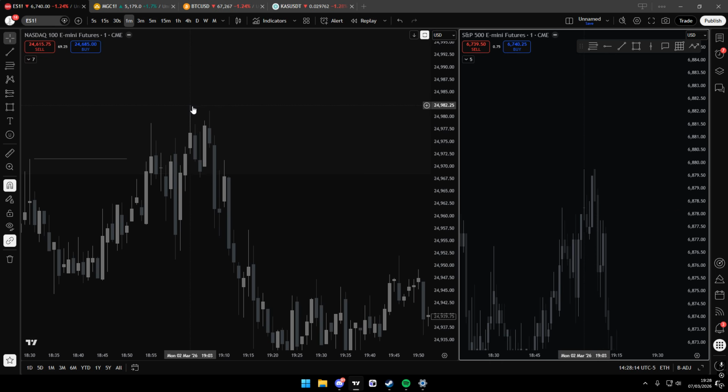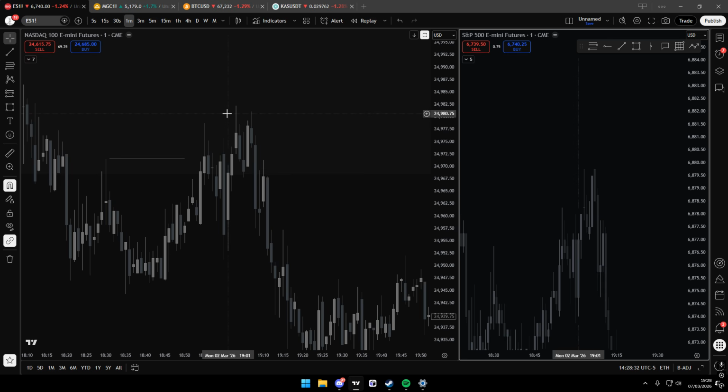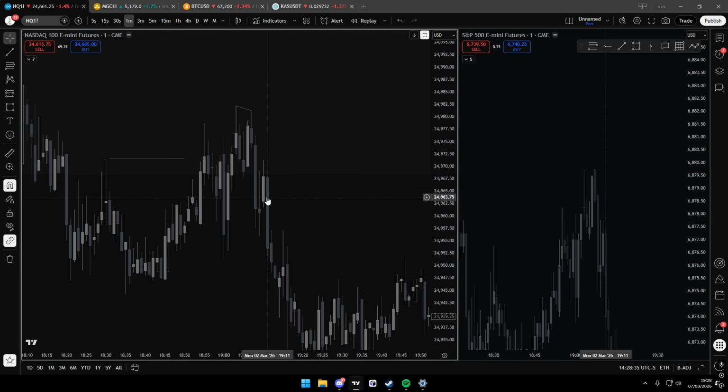So technically, this is an SMT, okay? But I would discard them. Because this one worked. Some of you might think, oh, it's okay to use, but it's not very high probability. Like I've said, this is not the best time to trade, but still, let's consider this SMT.